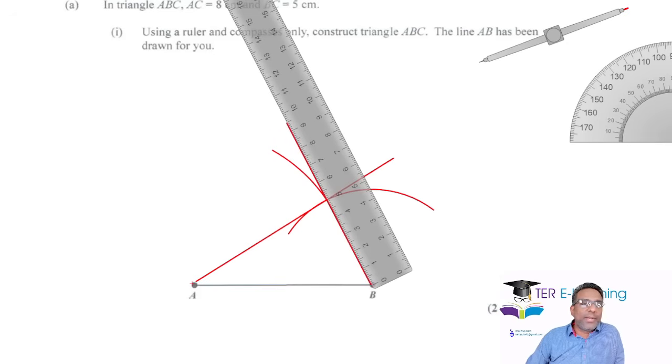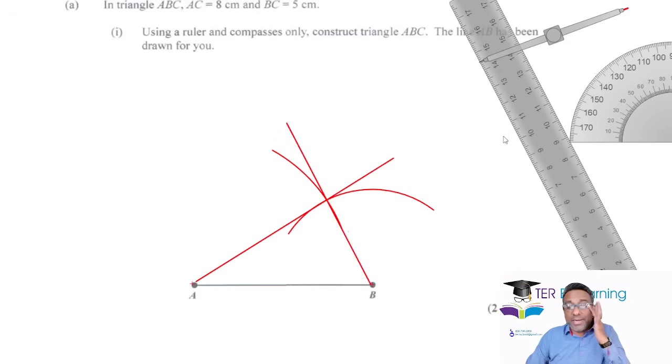Right, so what I've done here, I have constructed a triangle, and this point here has to be the point C. So this is the point C here.